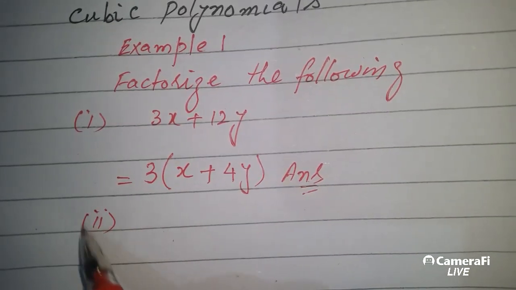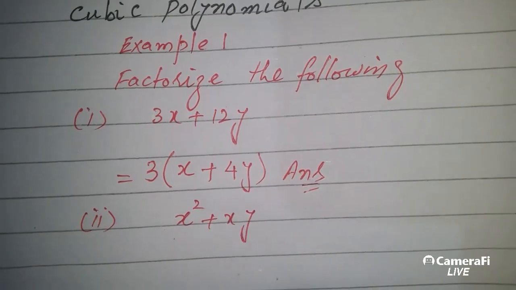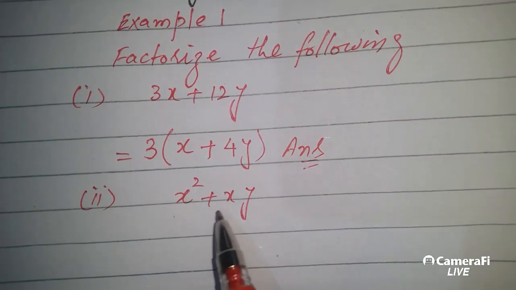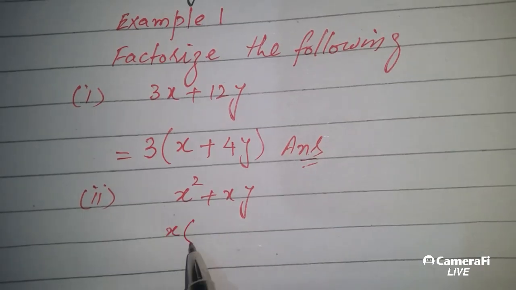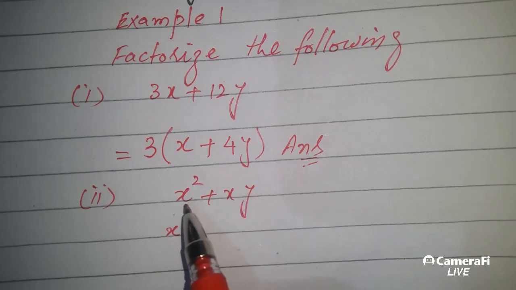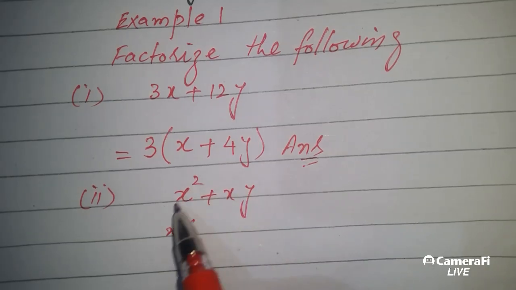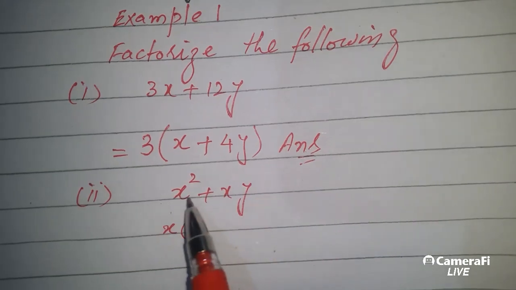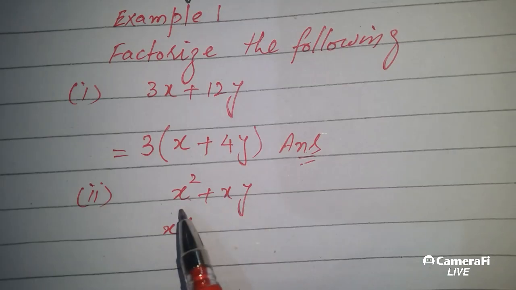Next, x square plus x plus 1 plus x square plus xy. Here I can just take x as a common factor because here x power 2 is present. Here we have x raised to power 1, y raised to power 1. Take a common factor from such terms in which a variable is involved.